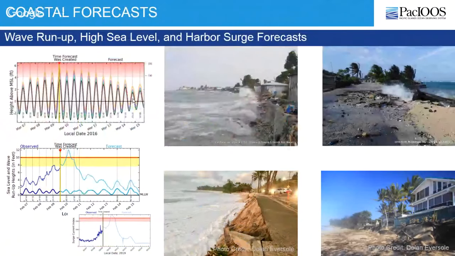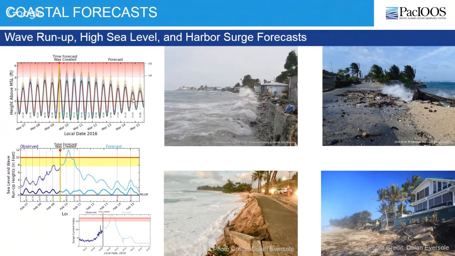So we also have coastal forecasts, and in the interest of time, I'm going to go a little bit quicker through this. One of the forecasts that we have is a wave run-up forecast. If you think about the shoreline, where you have the swash that's normally covering maybe half of the sand, but if there's a mix of really high tides and a big swell event, big waves, it really could push the water further up.